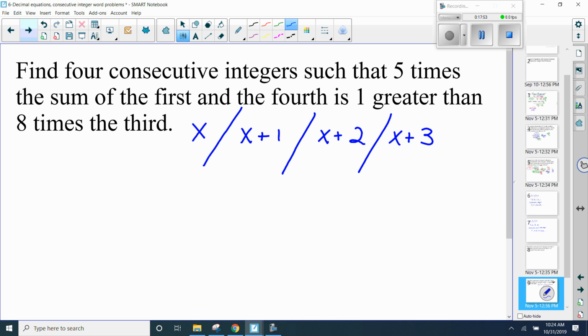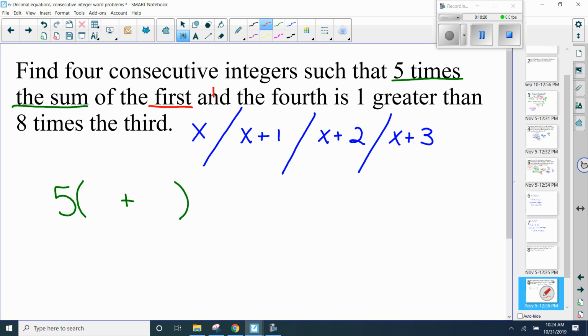Now I have to write an equation. As I write my equation, it's 5 times the sum. Do you remember how to show 5 times the sum? 5 times what? The sum, which means add. 5 times the sum of what?